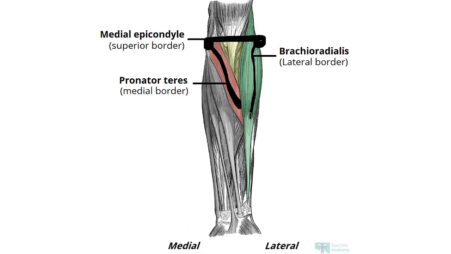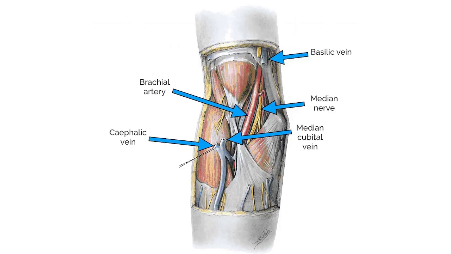These two provide the medial and lateral borders for the cubital fossa. Now, the floor of the cubital fossa is this, and what you would see are some important clinical structures found in the midst. Usually, for remembering purposes, I use a mnemonic which is R10.